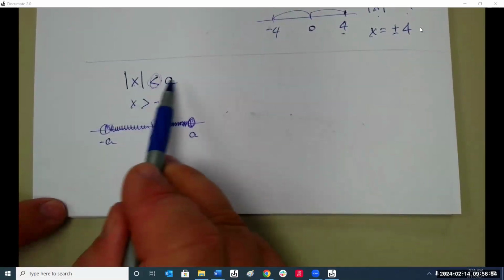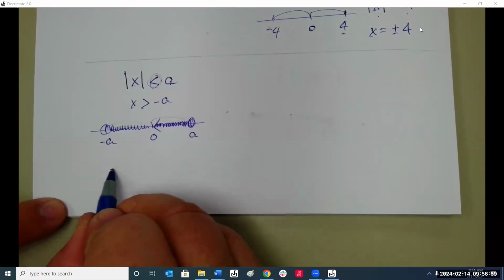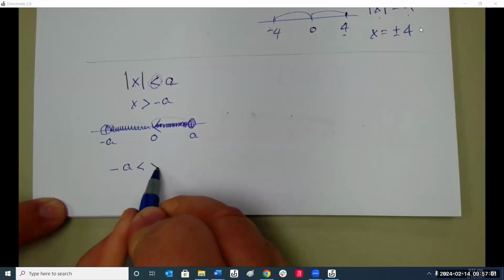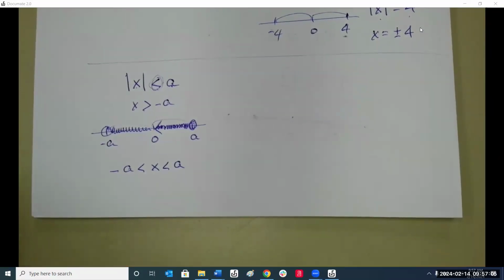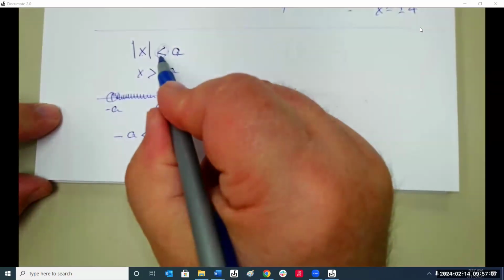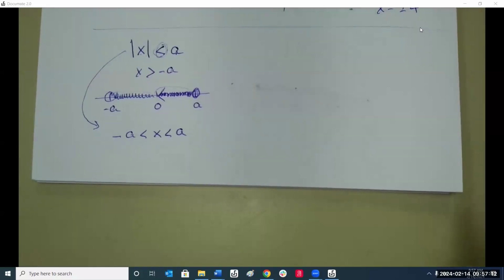So the formula for less than in inequalities is that. Whenever your symbol is less than, that's what it translates to.